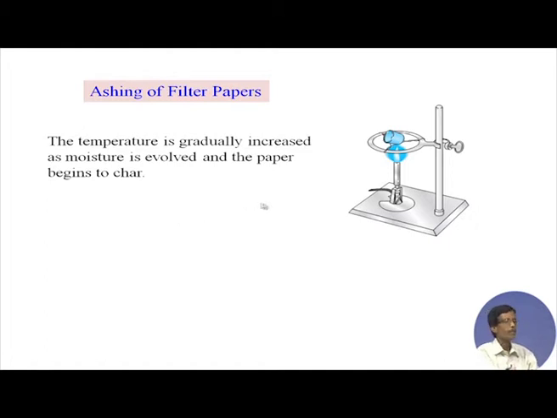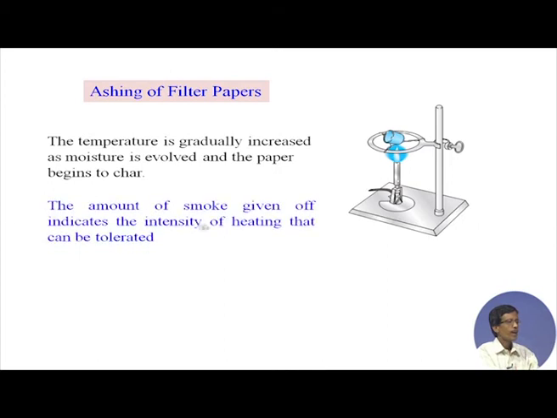Charring will take place slowly as the temperature increases, and the amount of smoke given off indicates the intensity of heating that can be tolerated by the system, because if you heat it very quickly, the filter paper can catch fire. We should avoid the filter paper catching fire. You should see that only smoke comes, due to the burning of that filter paper.